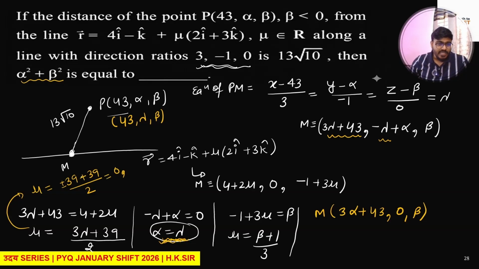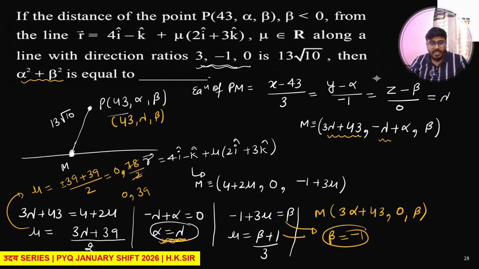If you take the positive value, 39 plus 39 is 78 divided by 2, so 39. So mu is 0 comma 39. Can you find the value of beta from here? Yes, from here we can write beta: if mu is 0, beta is minus 1. If mu is 39, beta is positive, but they are saying beta is negative. Beta is negative means beta is equal to minus 1 only.